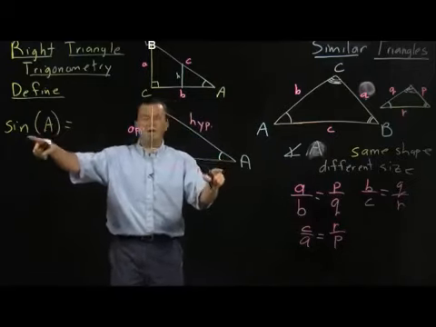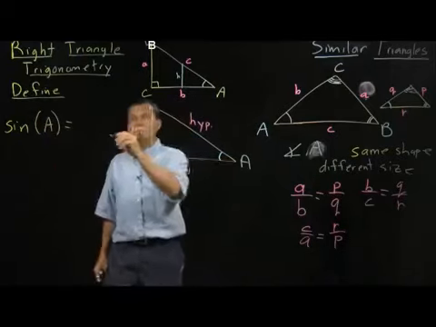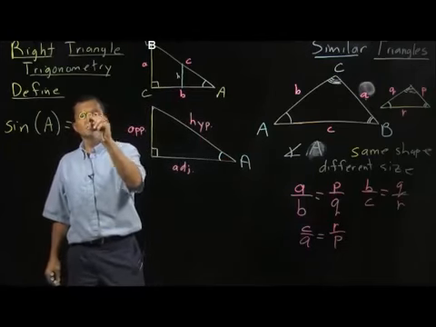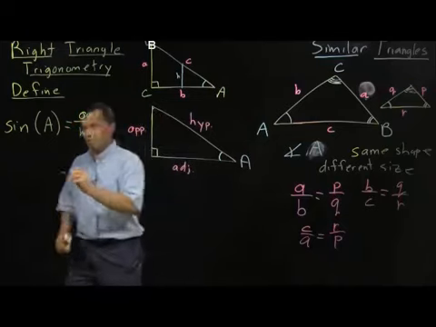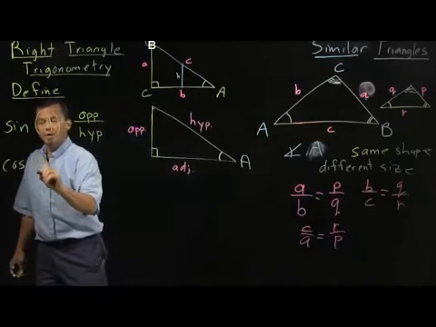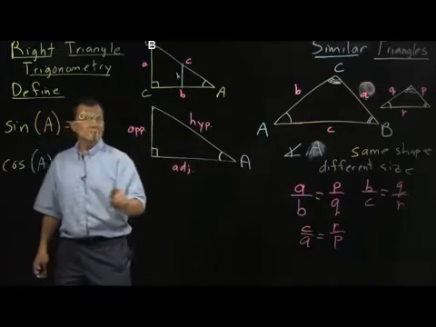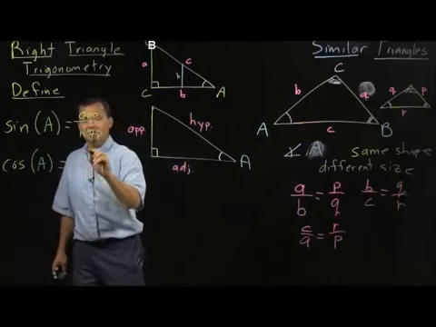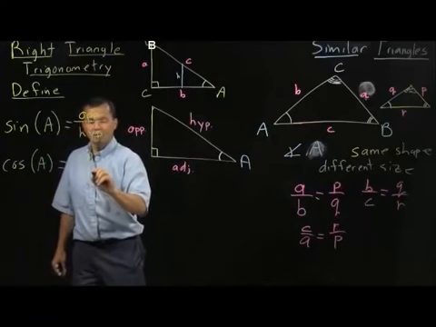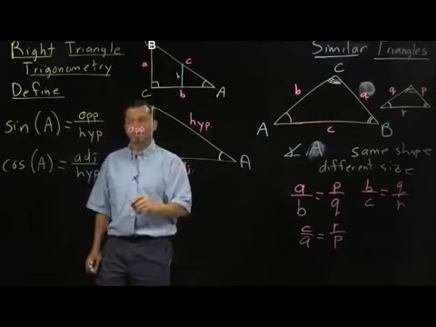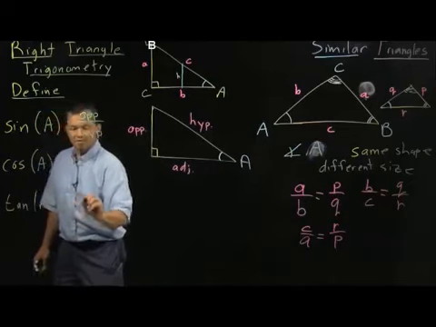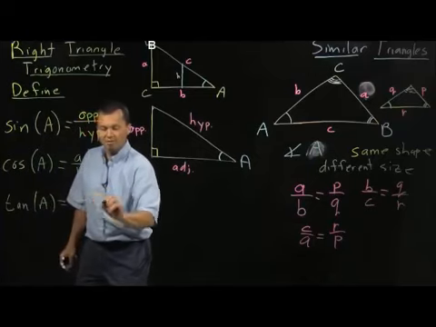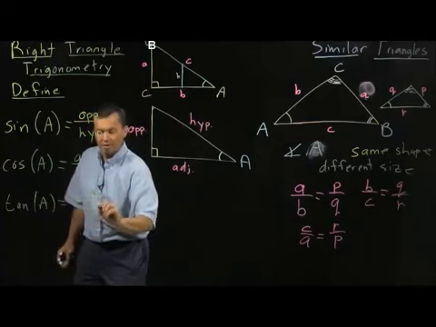And we just define the sine of this angle to be opposite over hypotenuse. Okay? The cosine of this angle is defined to be adjacent over hypotenuse. And the tangent of this angle is defined to be opposite over adjacent.